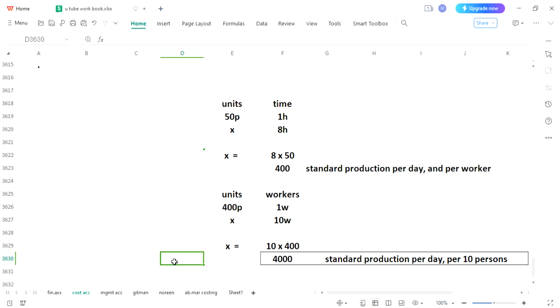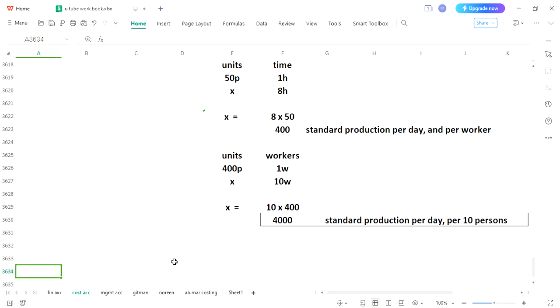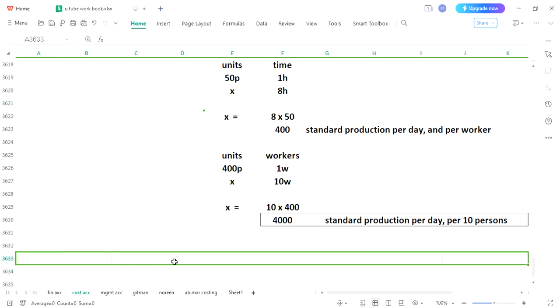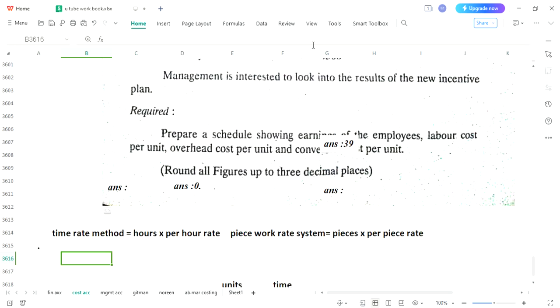From here we can make our table, and there are so many other requirements also present in the question, and we will settle down accordingly. First we will write days, and as you know in our question we start from Monday.